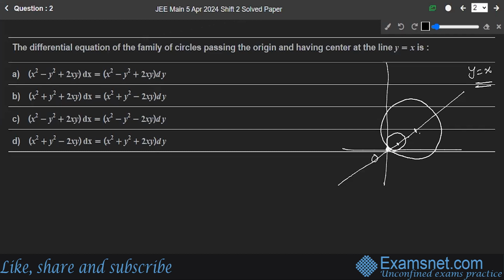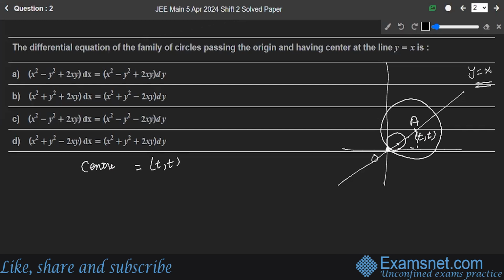First thing, any point which is lying on this particular line has the same x and y coordinates. So the center of the circle will always be given by coordinates having x and y similar. Let that be (t, t). Now let's solve for the radius.